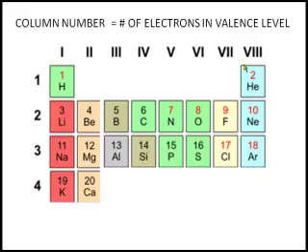The column number 1, 2, 3, 4, 5, 6, 7, and 8 represents the number of electrons in a valence level. The valence level is the outermost level of each atom, and it can have anywhere from 1 to 8 electrons in it for these atoms up to atomic number 20.